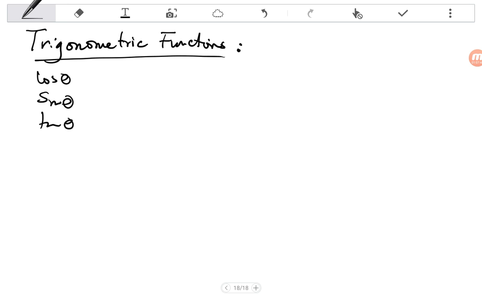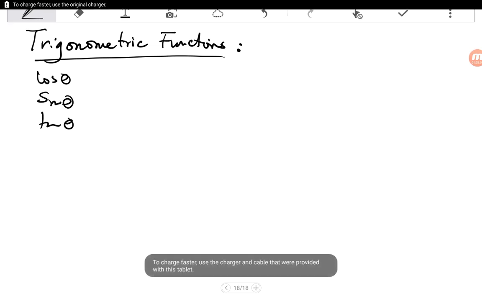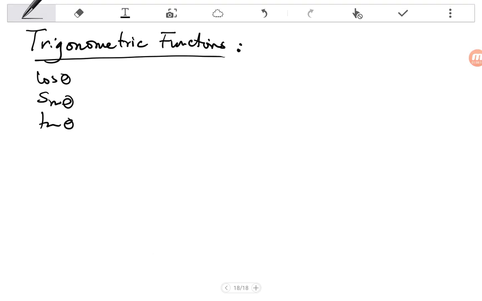Do any of you know these functions? Now, these three functions are main functions in engineering that we need a lot in our study. Along our study journey in the faculty, we'll need these main functions, which are called trigonometric functions.